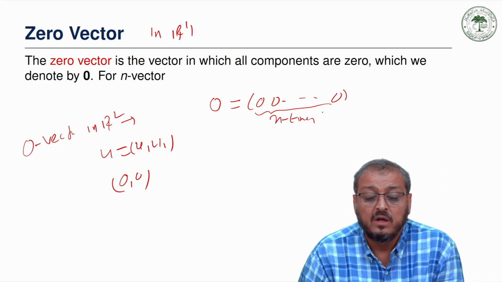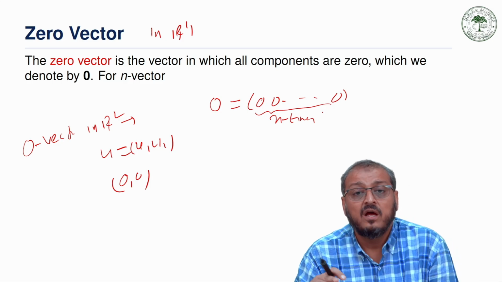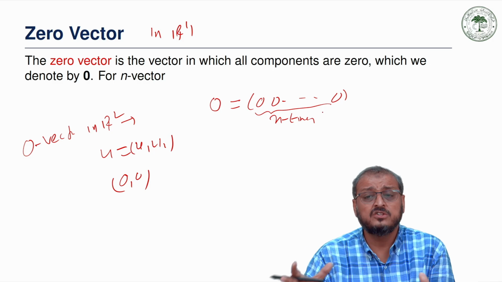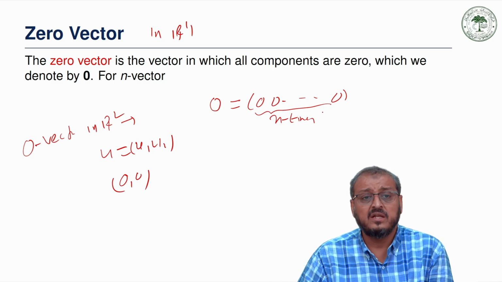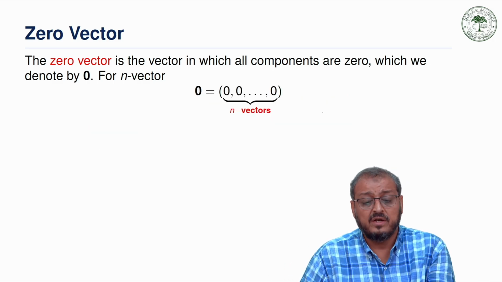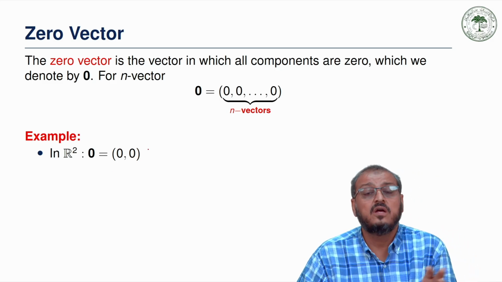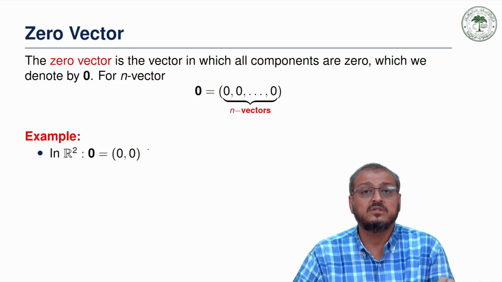For example, in R2 the zero vector has both of its two components equal to 0.